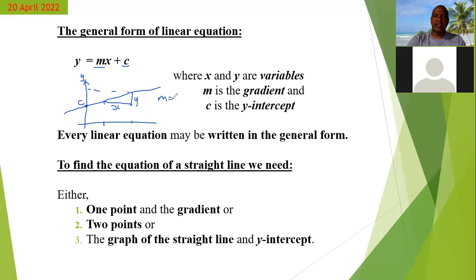Remember, the gradient is M, and it is calculated by Y divided by X. We have a simple way to remember it: the Y is the rise and the X is the run. So we often memorize this formula by saying rise over run.